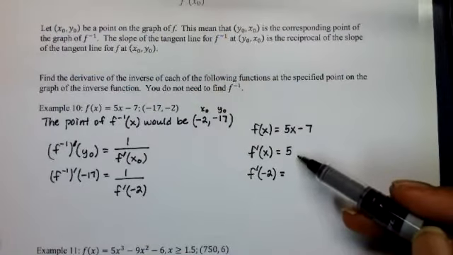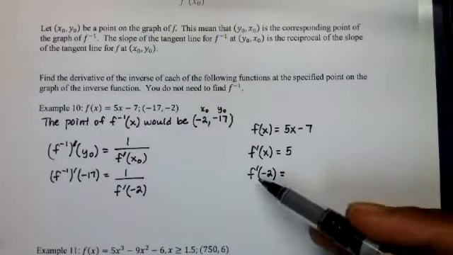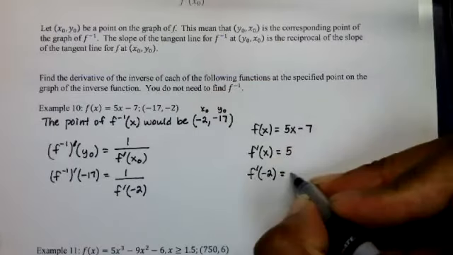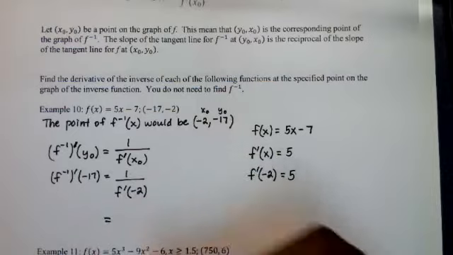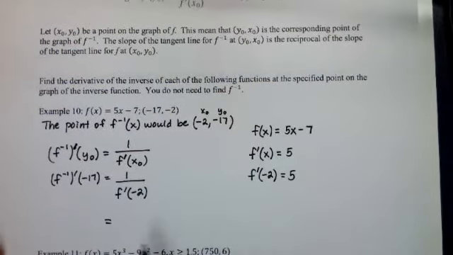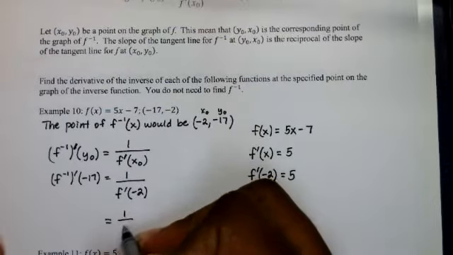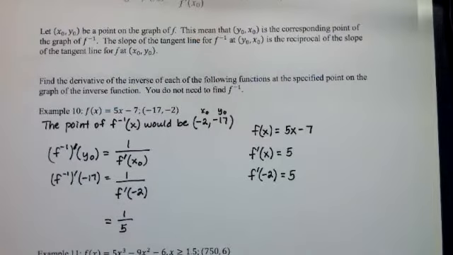There's no x to substitute in, so f prime of negative 2 is simply 5. So the derivative of the inverse function at y sub 0 being negative 17 will be 1/5. That's pretty much all we had to do with that problem.